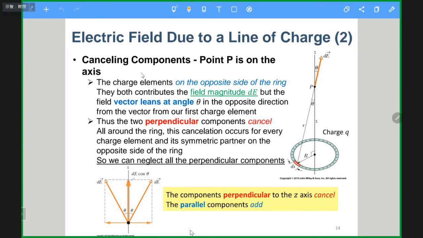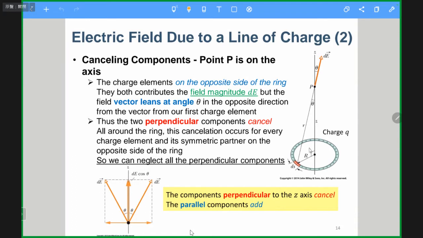Okay, so the first step is to cancel some of the components. Of course, in this question, we have a ring, with a positive charge uniformly distributed on the ring. What we need to find is the E field on the z-axis. But the definition is somewhat different from the previous one.